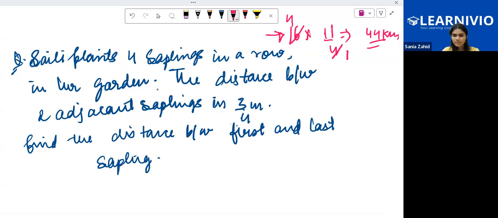After the distance, what is it written? I'm explaining the question. First listen. See, there's a girl named Sally. She plants 4 saplings in a row in her garden. So she has a garden and she has planted 4 saplings in one row.